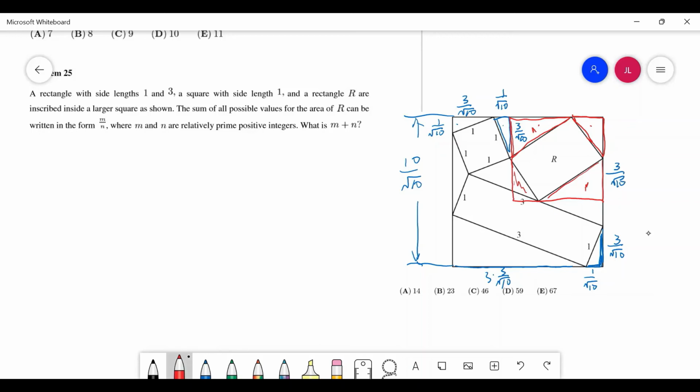If I call this side x, this side y, so I'm going to find this side actually equal to 6 over square root 10 minus x. So that's also true for this one. So this is going to be 6 over square root 10 minus x.